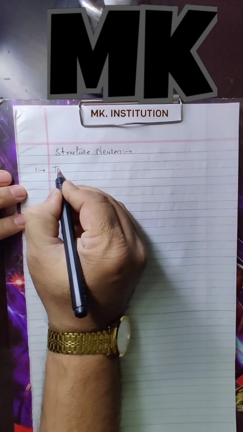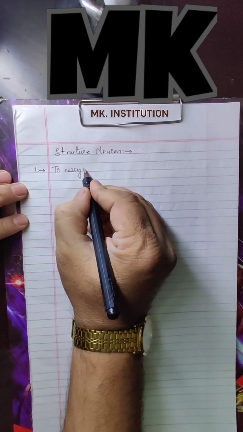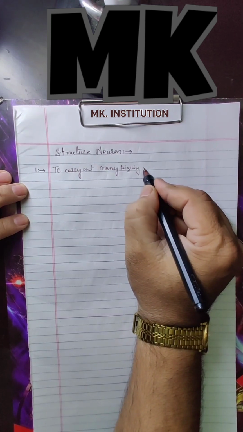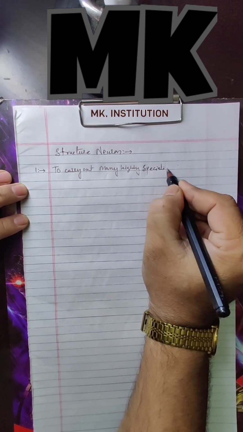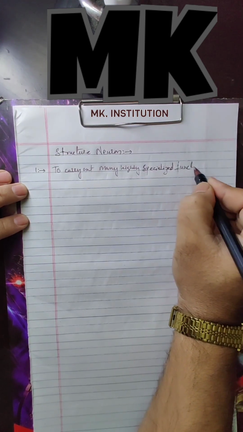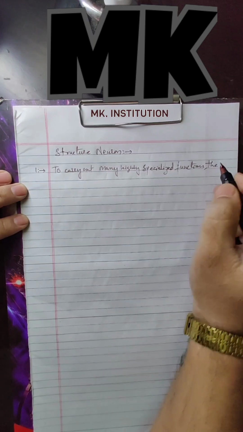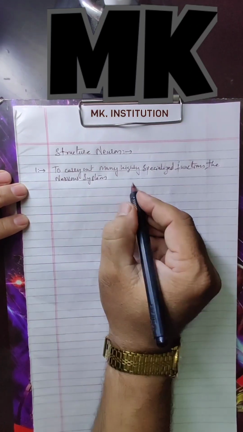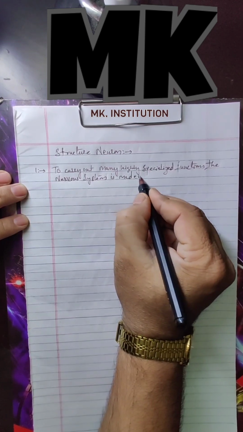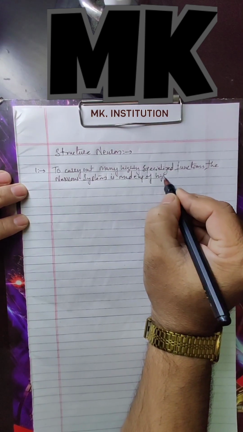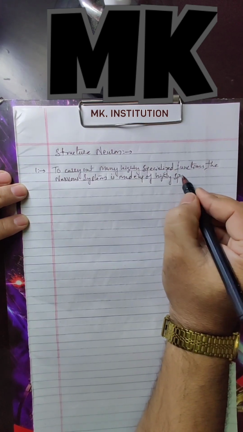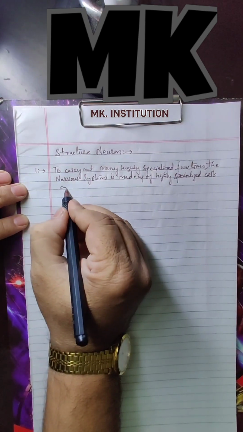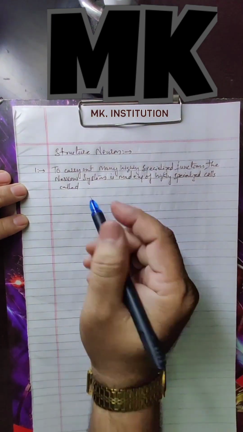Now the first one you can write like this: to carry out many highly specialized functions, the nervous system is made up of highly specialized cells called neuron.